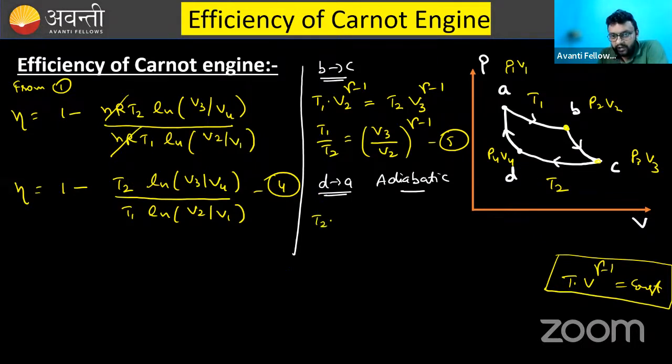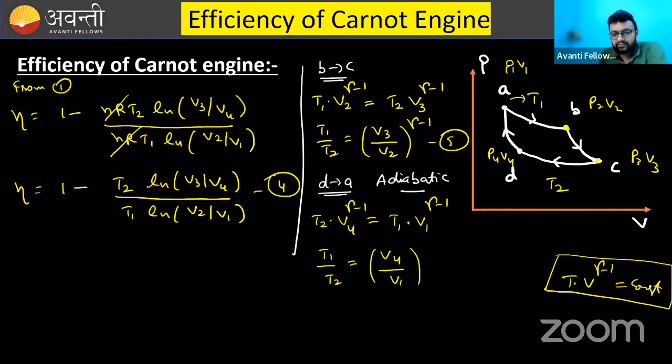So T2 V4 raised to the power gamma minus 1 is equal to, at point A, temperature T1 into volume V1 raised to the power gamma minus 1. Again, you can calculate that T1 over T2 is equal to V4 over V1 raised to the power gamma minus 1.